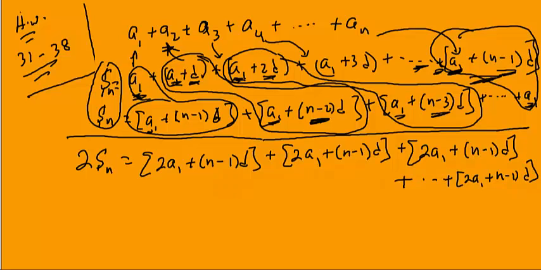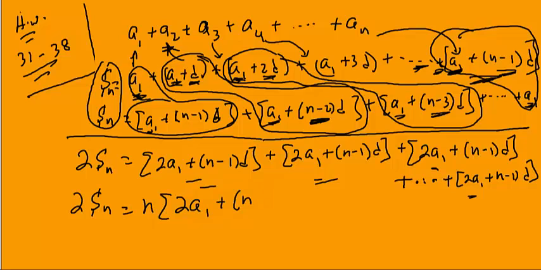Well, how many of these do I have? I don't have 4 because of dot dot dot. I have n number, and I'm adding up n number of terms. So I'm going to get 2 s sub n is equal to n times 2 times a sub 1 plus n minus 1 difference.